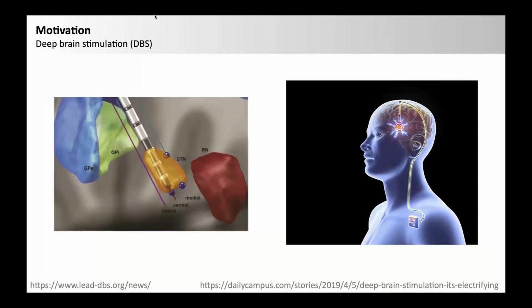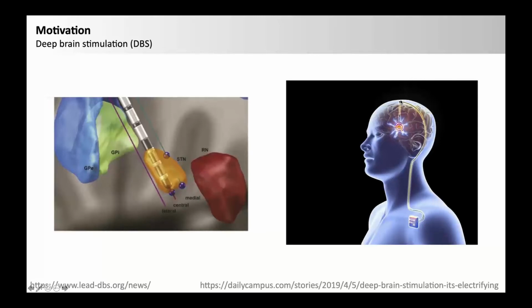So just as a reminder, what is deep brain stimulation? We're talking about this small device here, two electrodes being implanted into a person's brain. It's very much invasive, during a surgery where these electrodes are implanted and configured.